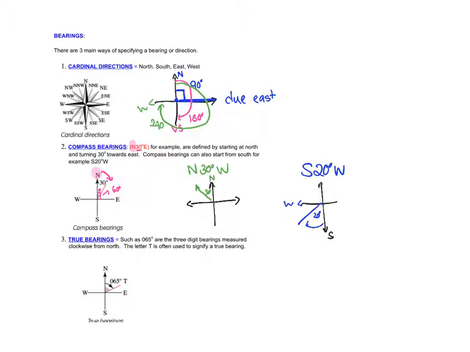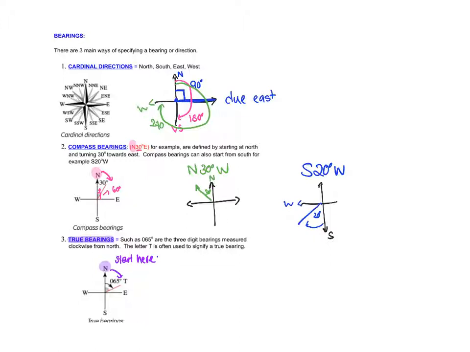Now, true bearings always start at north. So you start at north, and then you go how far you're going and say how many degrees.